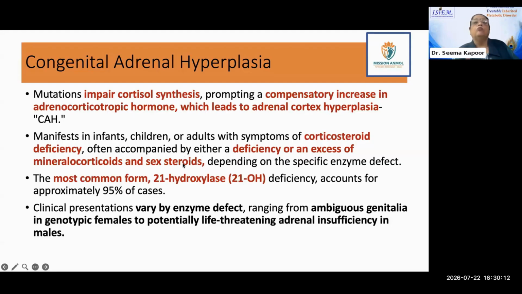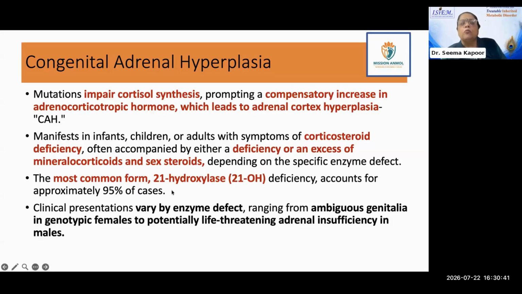That means both under-virilization and over-virilization are aspects of different types of congenital adrenal hyperplasia. So the entire CAH spectrum manifests in infancy with a salt wasting crisis. And I'll just show you how.